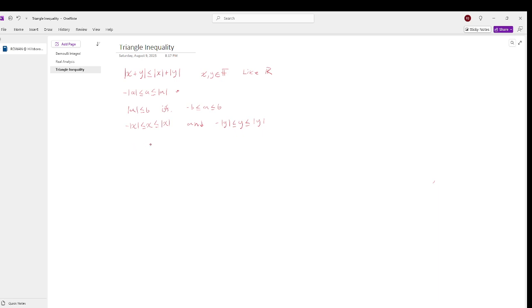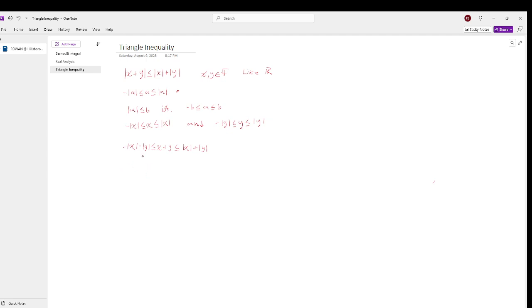Now, with inequalities, you can just add them together. So we're going to get negative absolute value of x minus absolute value of y is less than or equal to x plus y in the middle, which is less than or equal to the absolute value of x plus absolute value of y. Boom. So that's our chain of inequalities, I guess you'd call it.